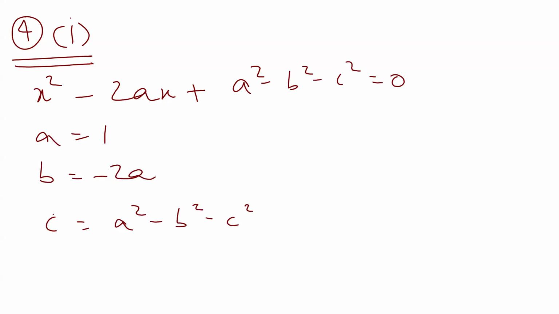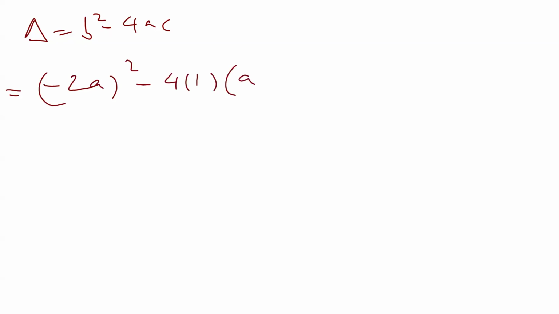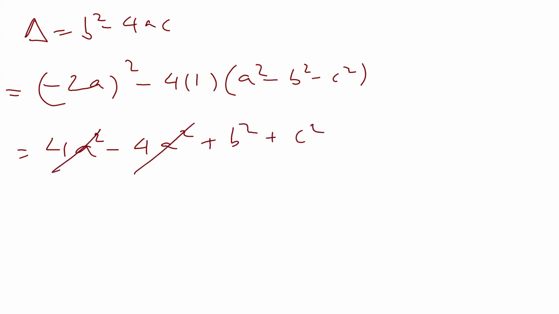So delta is b square minus 4ac. So b square, b is minus 2a, the whole square, minus 4 a and c. So 4a square minus 4a square plus b square plus c square. So this is gone. So this is greater than or equal to 0.